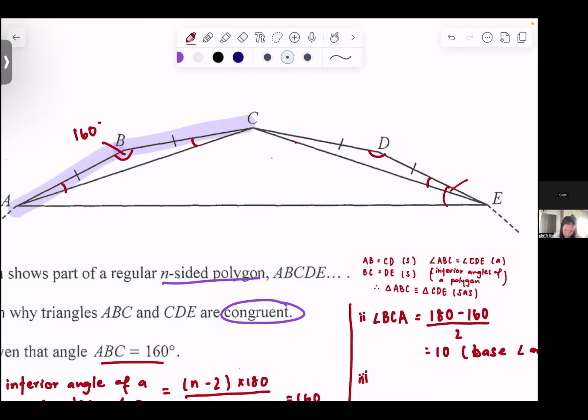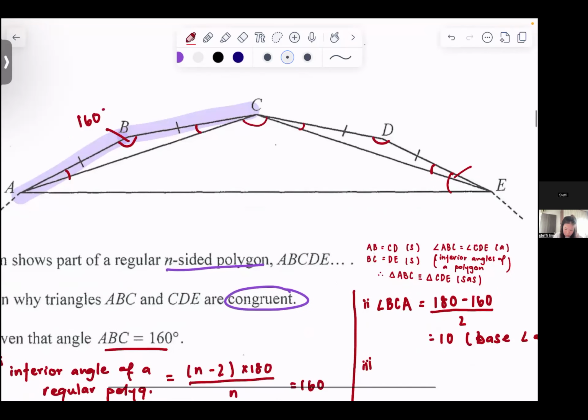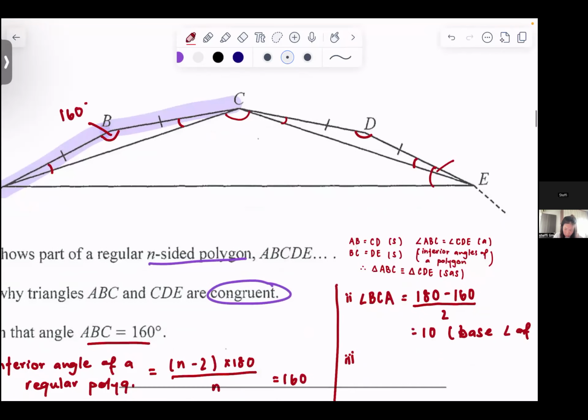First, you have to find ACE. In order to do that, you already know one angle of the polygon equals 160. Angle ACE is made out of these isosceles base angles added together, plus this ACE, and the whole thing gives you 160.